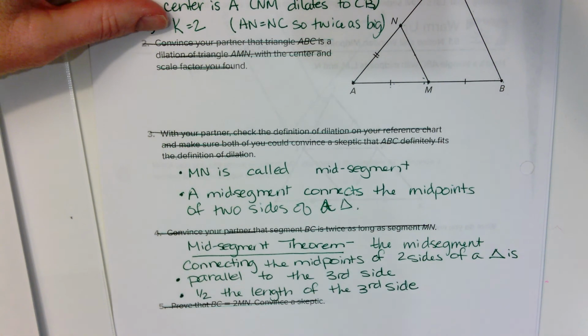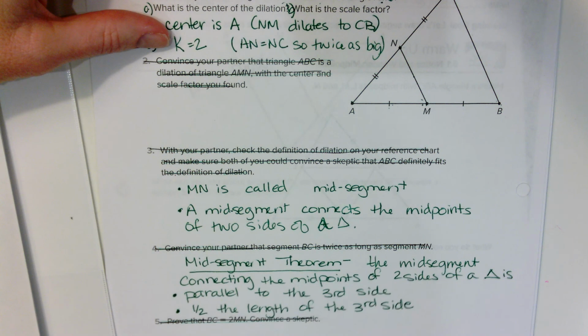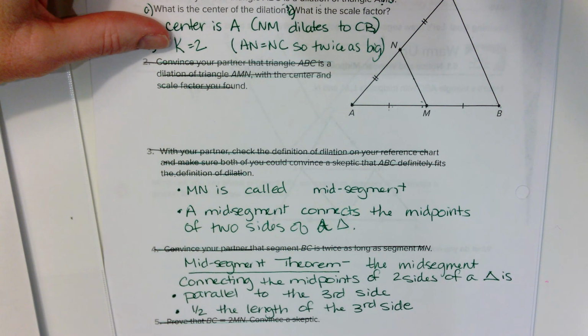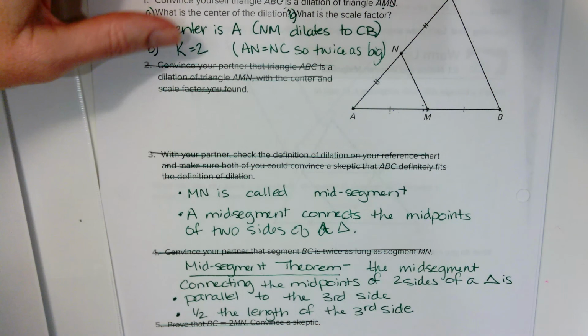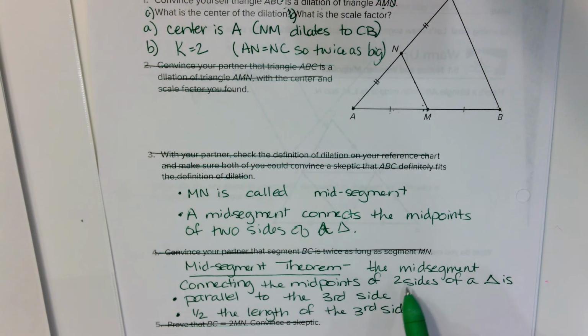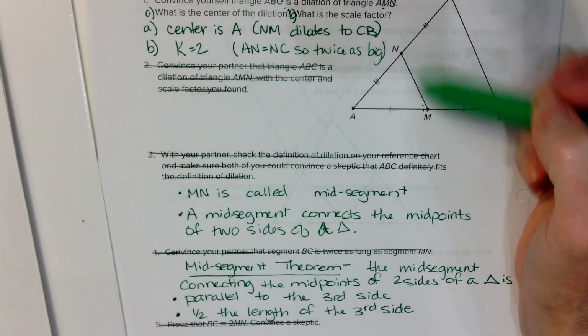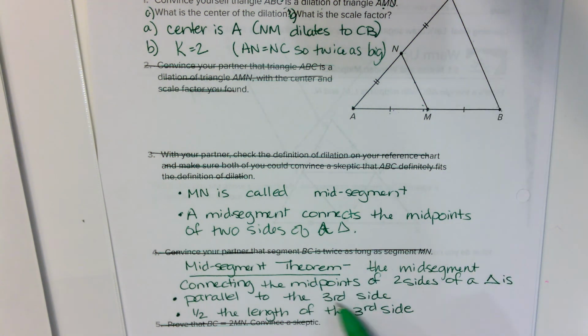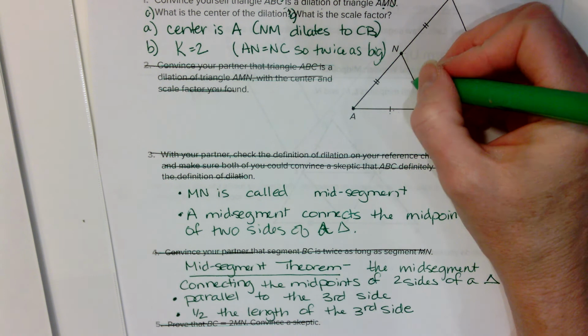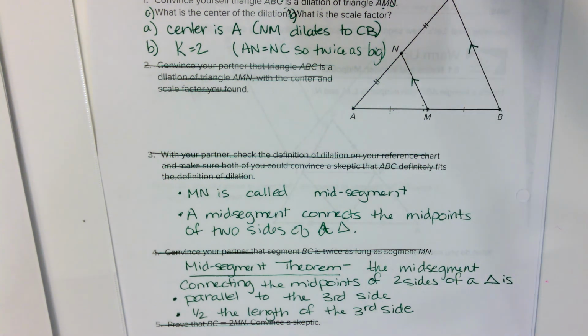Okay, so let's look at our particular diagram and see what is going on there. This is telling me that the mid-segment connecting the midpoints of two sides of a triangle, that's my MN, is parallel to the third side. So this would be parallel to this. And that makes sense to me.